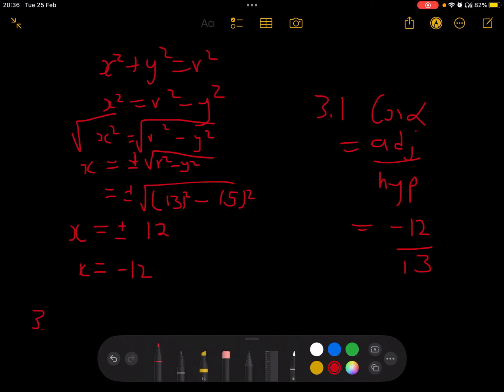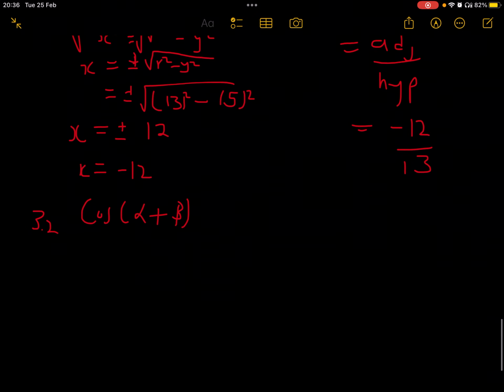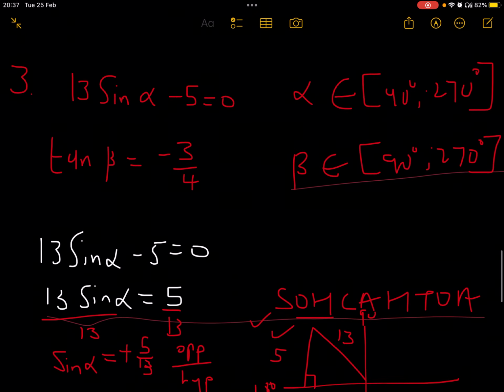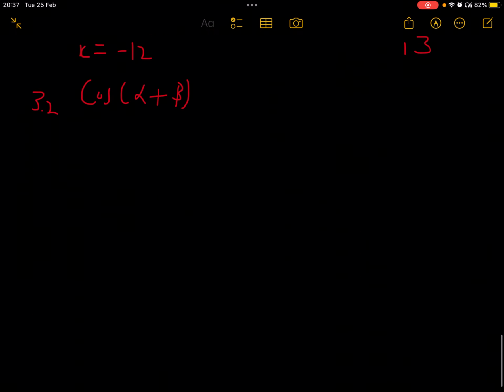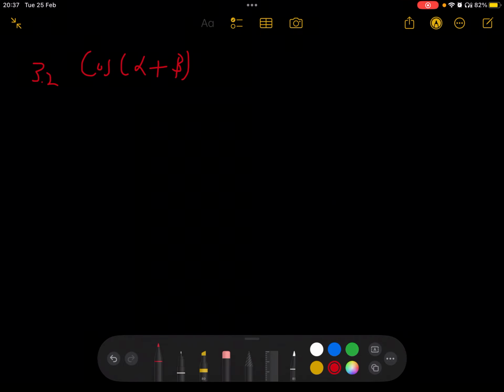3.2, on the other hand, wants the cos of alpha plus beta. Now, how are we going to get that? We were given tan beta is equal to minus 3 over 4, so we must find what information is given to us here. We know tan is opposite over adjacent.